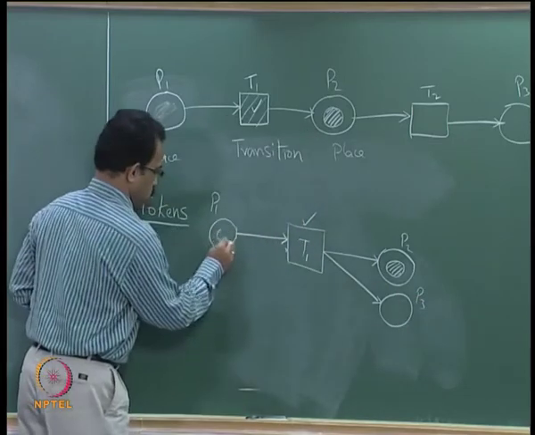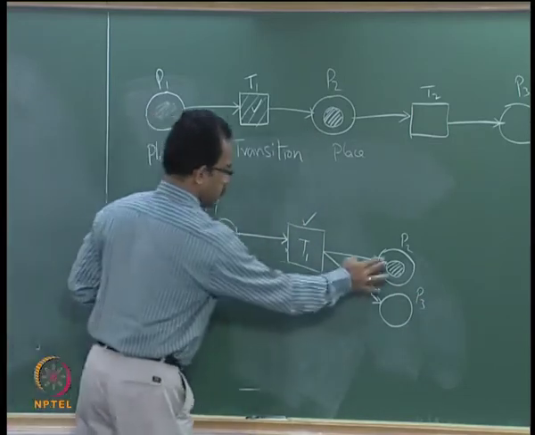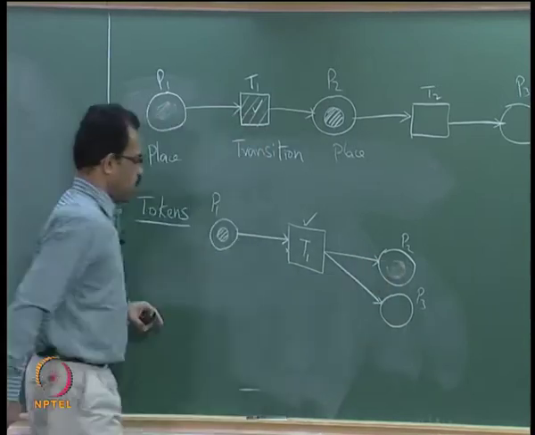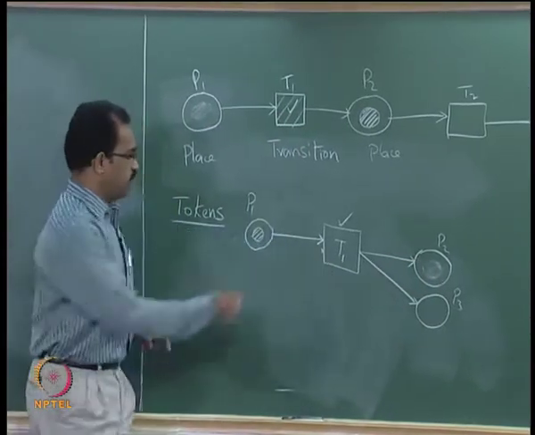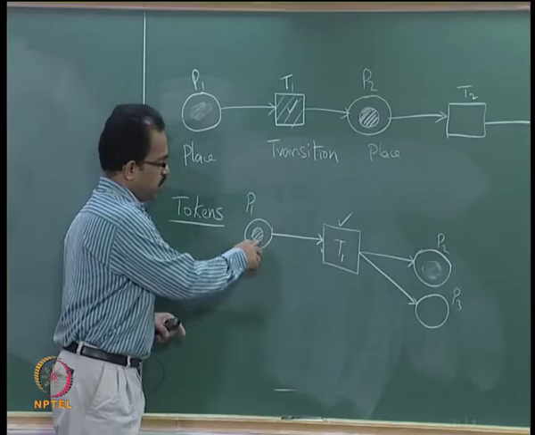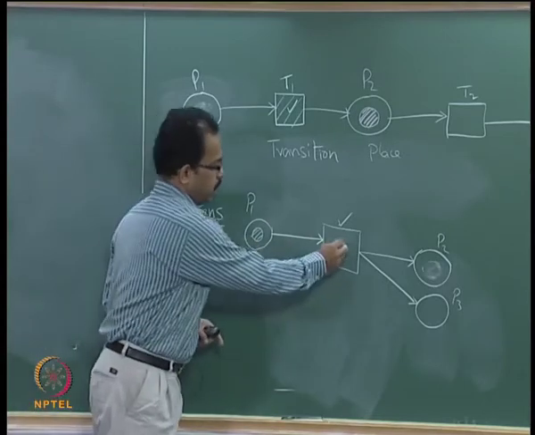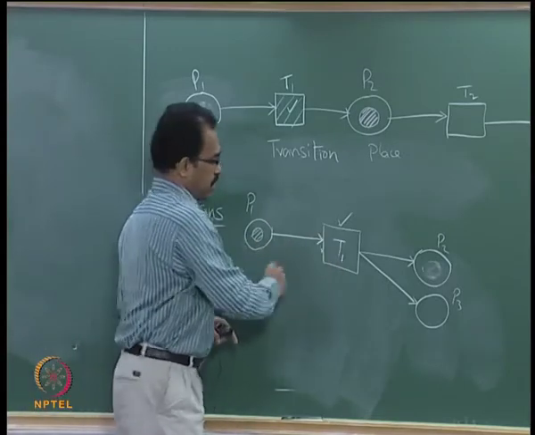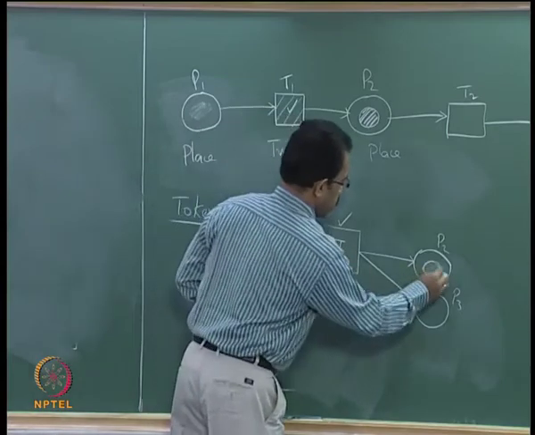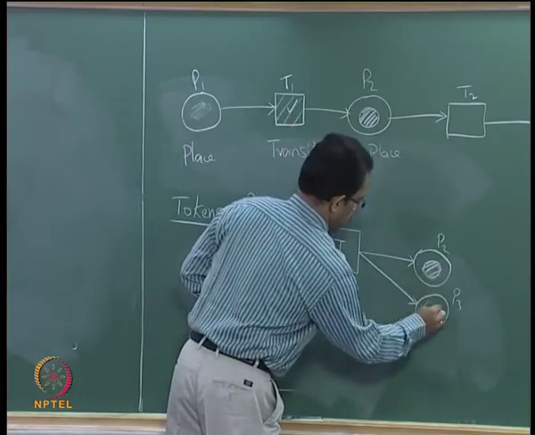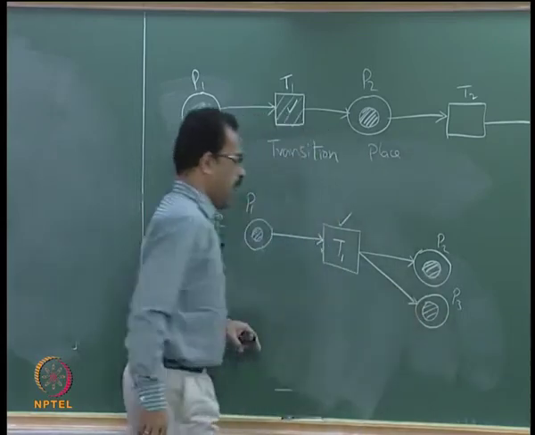If there is a token available here, then we can fire this transition, because the condition is already satisfied. When you fire this transition, both places will be activated.